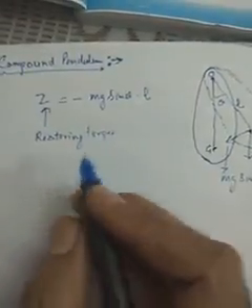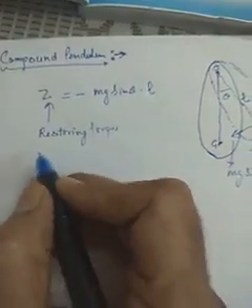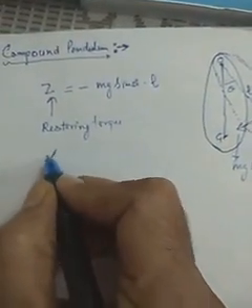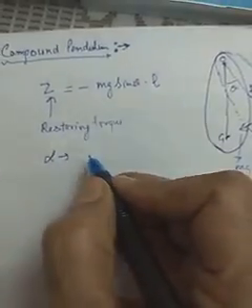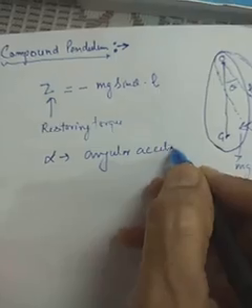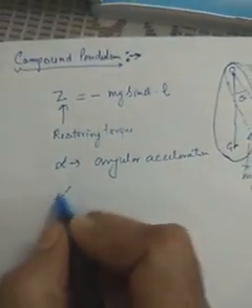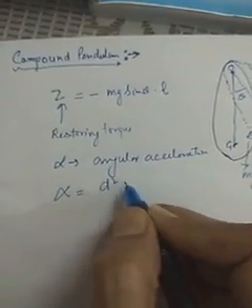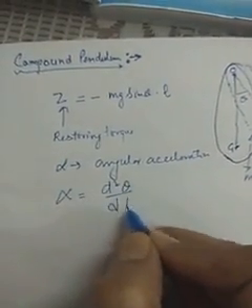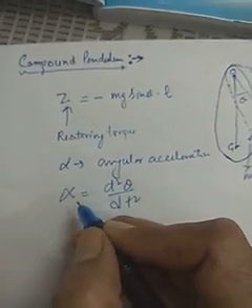Now, if alpha represents the angular acceleration in this case, then alpha is given by d square theta by dt square. This is your angular displacement, its double time derivative is your alpha.